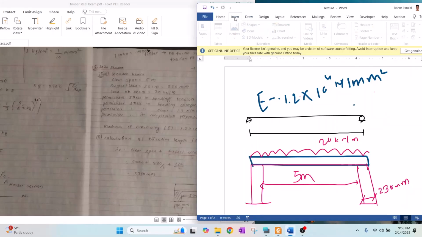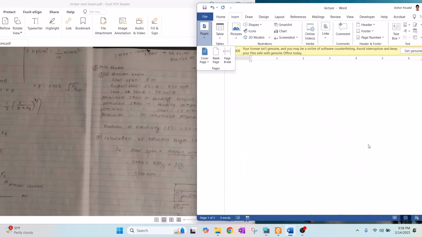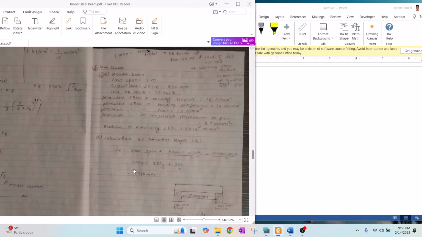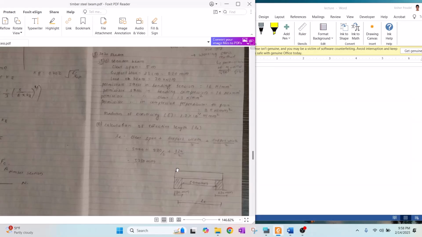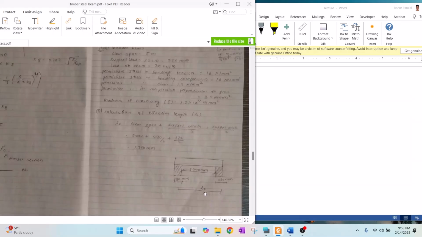Okay, so go here. First of all, you have to calculate the value of effective length, which is denoted by Le. How can you calculate the value of Le, that is effective length of the system? We can calculate by using this equation, or just look at the figure.